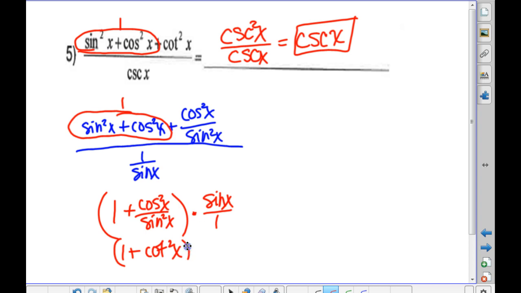I'm thinking I should have been able to get there down here if I did this mess. If I distributed this, I would have had sine x plus cosine squared x over a sine x. Then I would have had to get a common denominator.